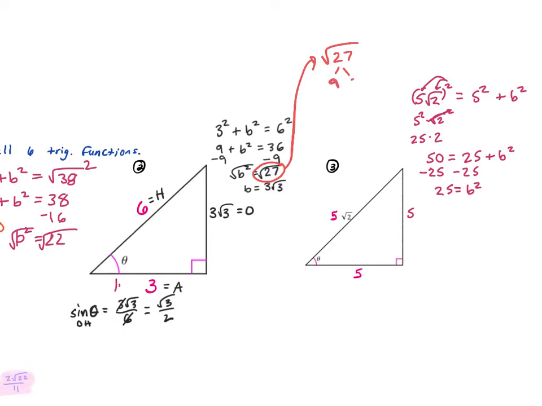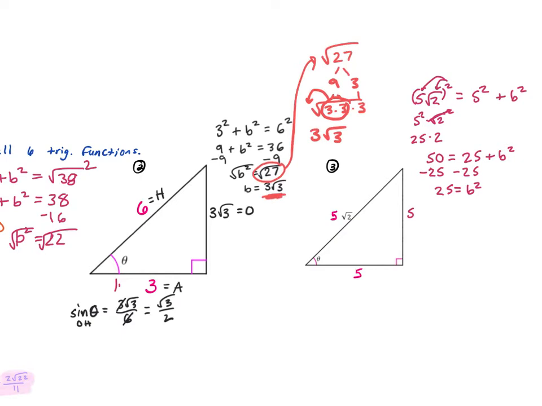What are 2 factors of 9? 3 and 3. So then for our square root, we have 3 times 3 times 3. We can take out any pairs, but we just take out one of them. So we have 3 square root 3. So that's how we got this.